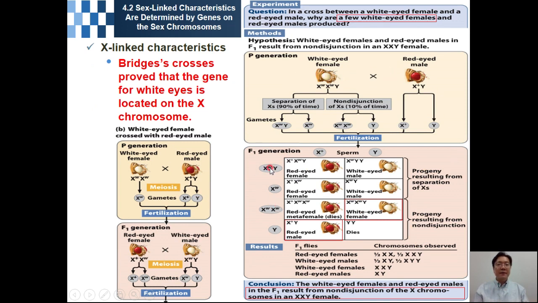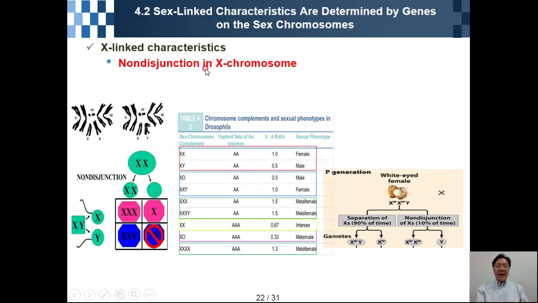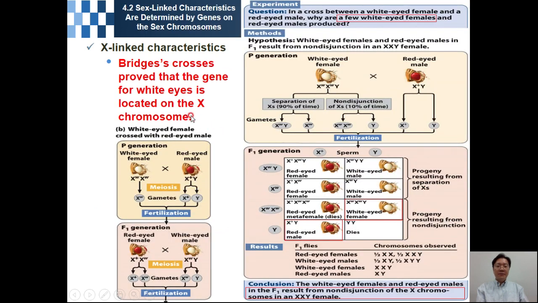So he found that maybe the gene for white eye is located on the X chromosome, because this one only comes from non-disjunction, and usually in the X chromosome about 10% non-disjunction happens. So that is why he finally proved that the gene for white eye is located on the X chromosome.